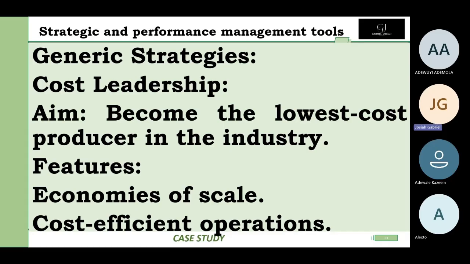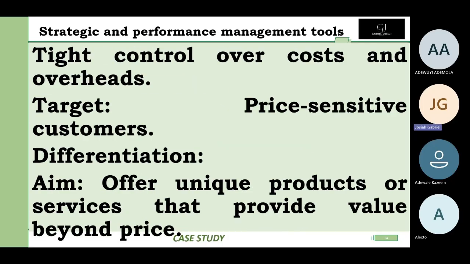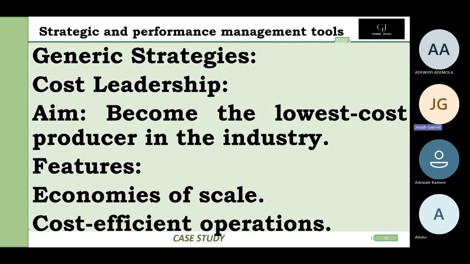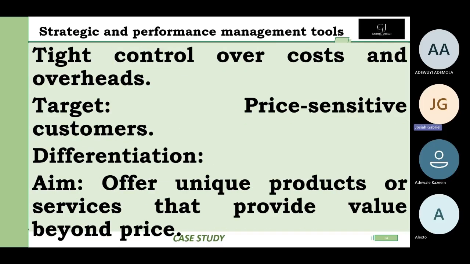Cutting costs and lowering costs in that industry will be a primary aim and objective of that company in that industry. So the features of cost leadership include economies of scale, cost-efficient operations, tight control over cost and overheads so that they don't go out of hand and affect the bottom line.